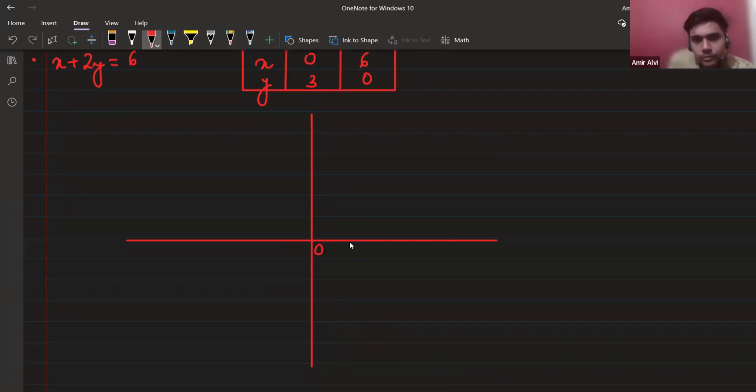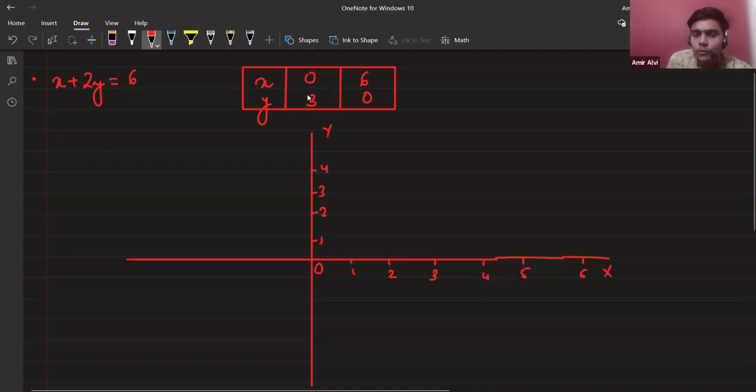Yes or no? This is 1. This is 2. This is 3. This is 4. I'm just extending a little bit. 5 and 6. This is x-axis. This is y-axis. Positive 1, positive 2, positive 3, positive 4. Yes or no, Simran?